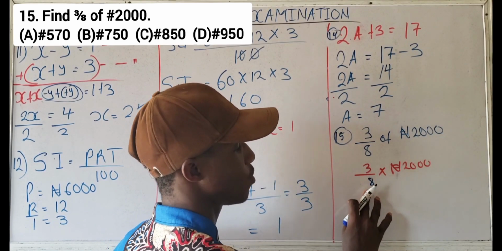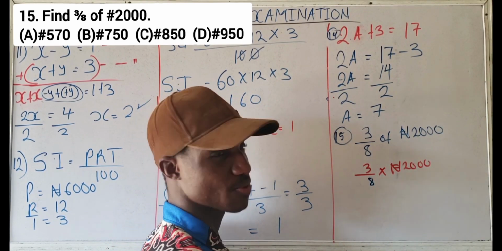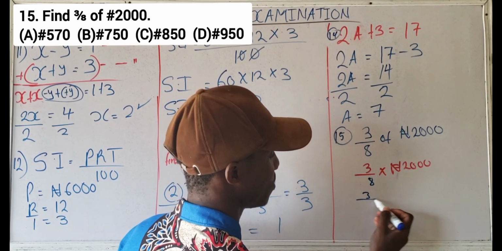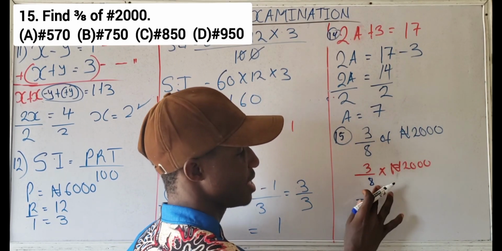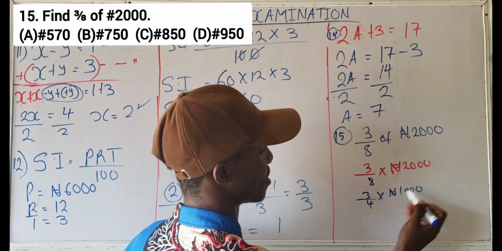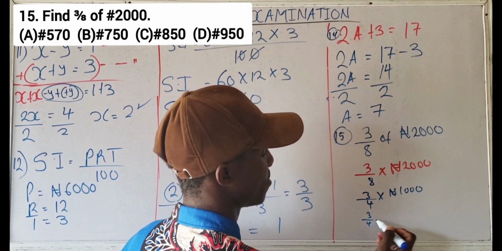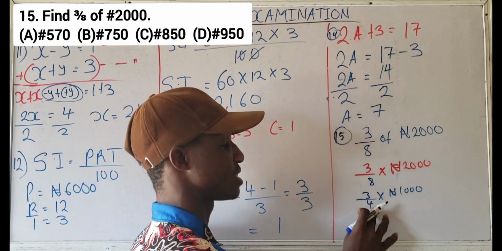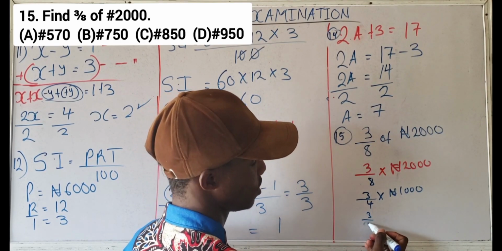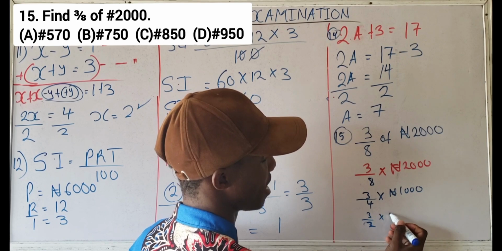Now, reduce with what goes into both 8 and 2000, that is 4. And you can start with 2. So you're going to have 3 over 8 divided by 2 is 4, multiplied by 1000 naira. Okay, 3 over 4. Okay, 2 can still divide 4. 4 divided by 2 is 2. 3 over 2 multiplied by 500.